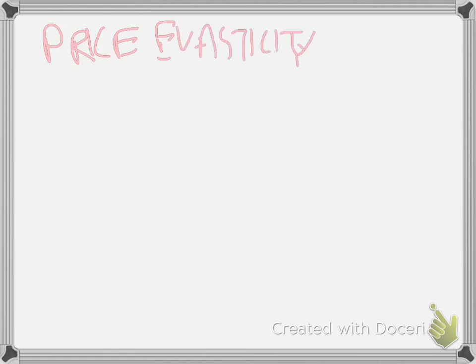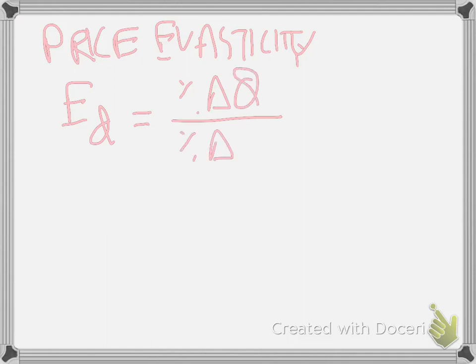Let's start with our most famous and most widely discussed concept of elasticity, which is called the price elasticity of demand. Price elasticity of demand is usually denoted as E subscript d, which is a mathematical formula that mainly tries to capture the effect of price changes on the quantity demanded of the consumer.